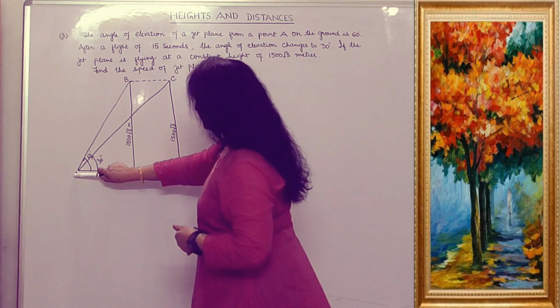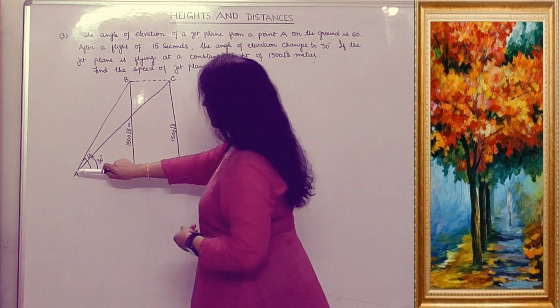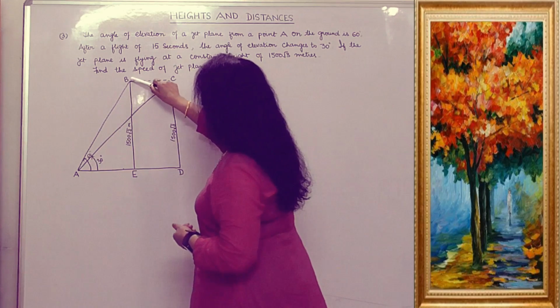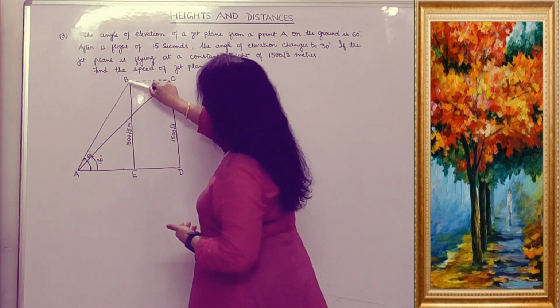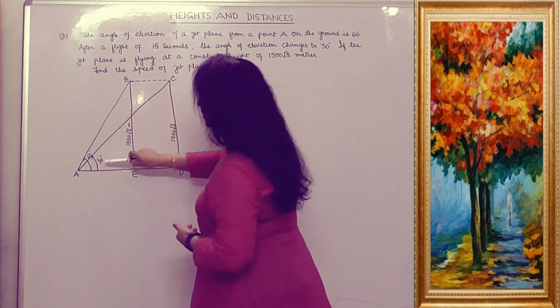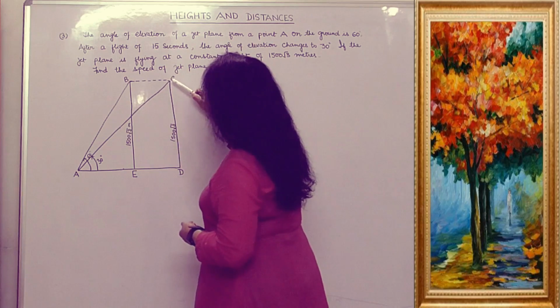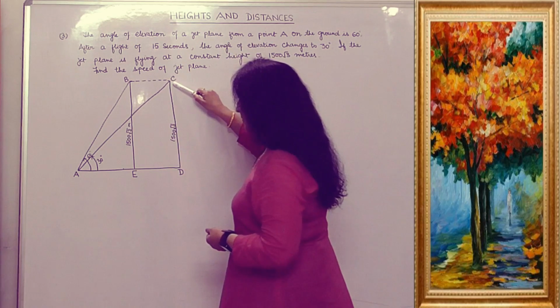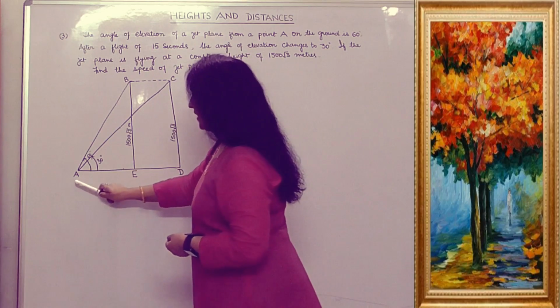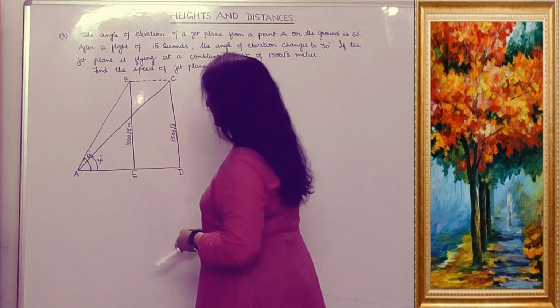From point A to B, it means from observer to the initial location of plane, the angle of elevation is 60 degrees. After 15 seconds, the final position of plane is point C. From point A to C is 30 degrees.